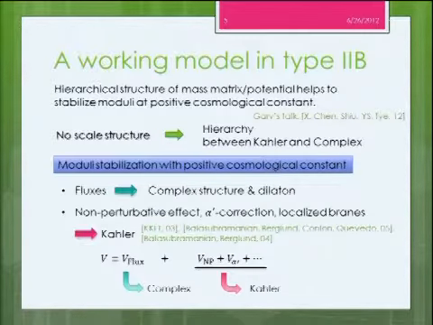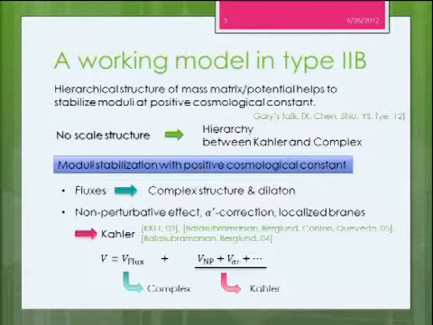So let's work on IIB. In IIB, fortunately, we have a no-scale structure, and the no-scale structure divides the structure for Kähler and complex structure moduli quite nicely. This is quite helpful. In this framework, the complex structure and dilaton moduli are stabilized by fluxes.